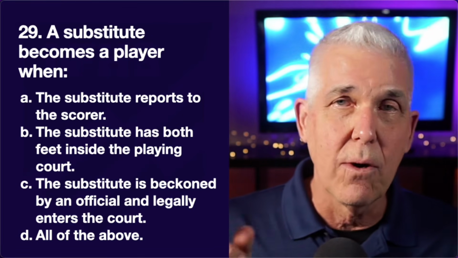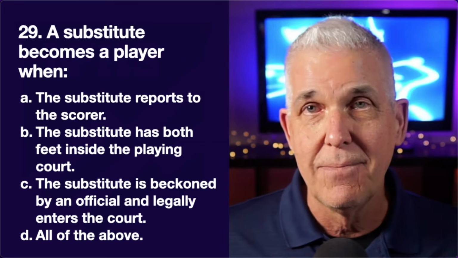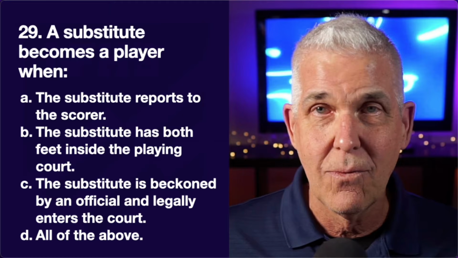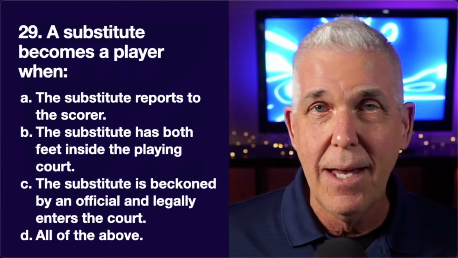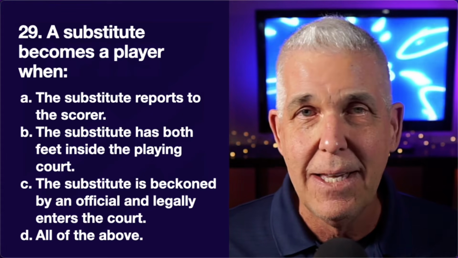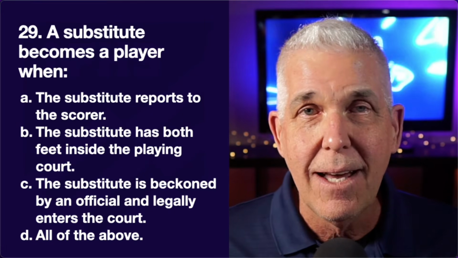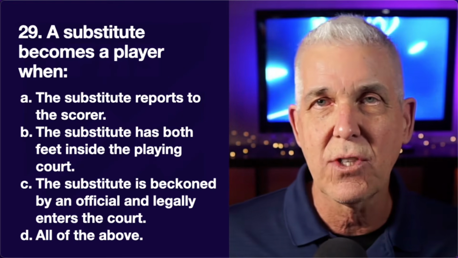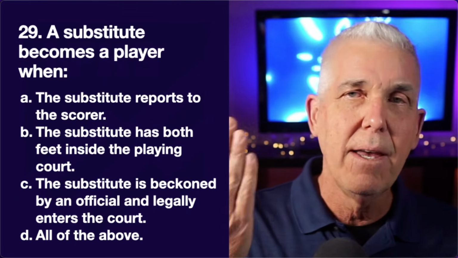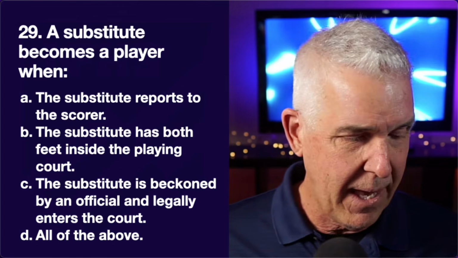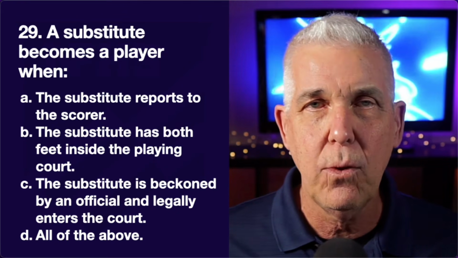Substitute reports to the scorer. They are still a substitute. At that point, they've actually become a substitute when they report to the table. A substitute has both feet inside the playing court? No. So those cannot be correct. C, the substitute is beckoned by an official and legally enters the court. They're properly reported. They are beckoned by the official. At that point, they become a player by rule.